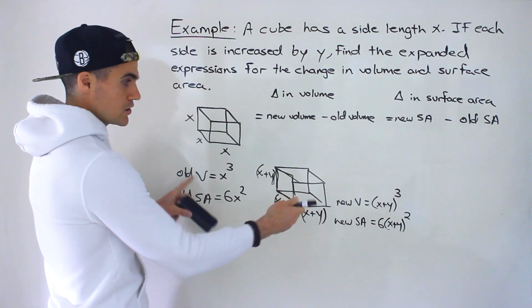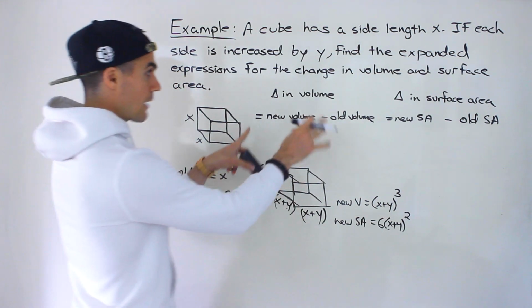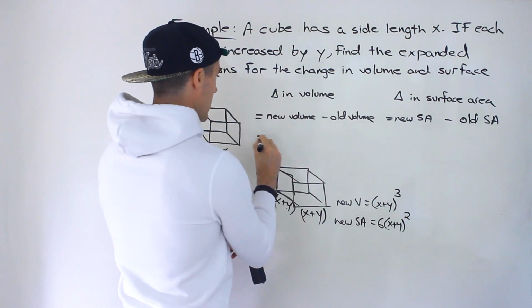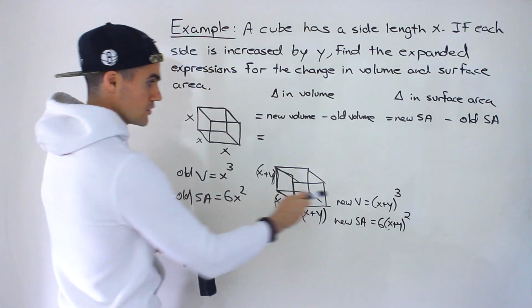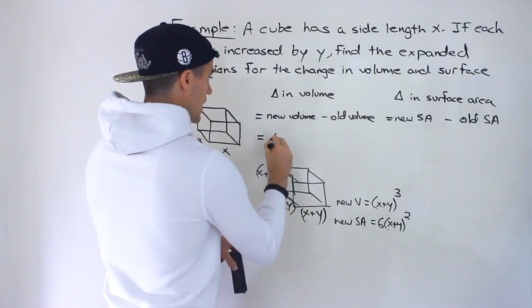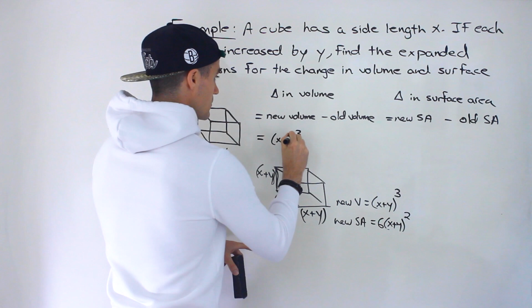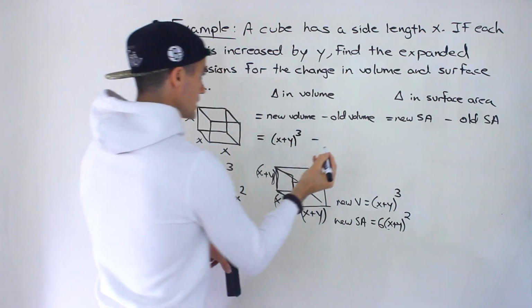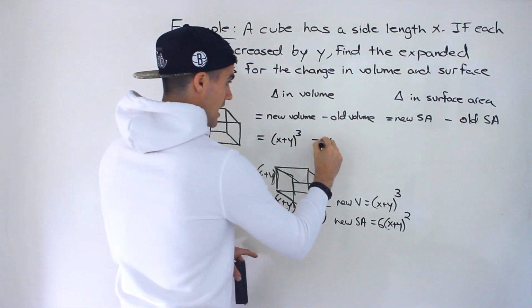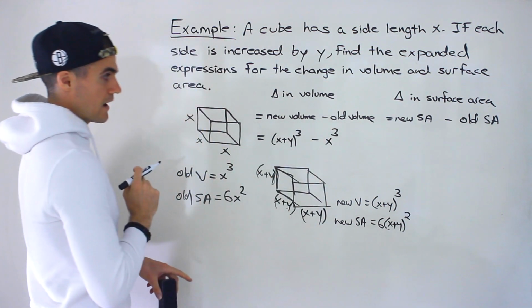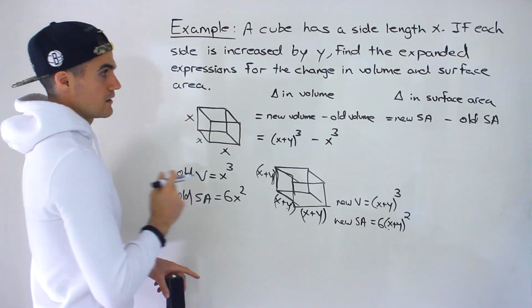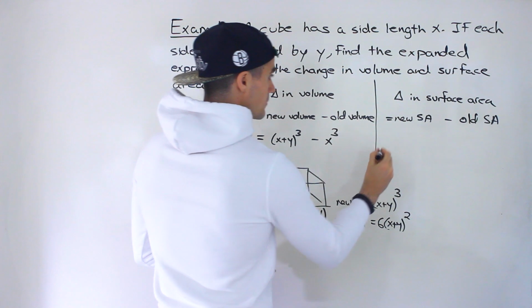Right? So now we could just plug these into our change formula. So notice we'll have the new volume. The new volume is this over here. So it's going to be (x + y) to the power of 3 minus the old volume, which is just x to the power of 3, like that. And then let's split these up over here.